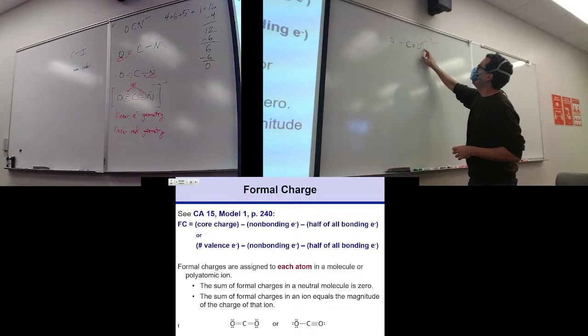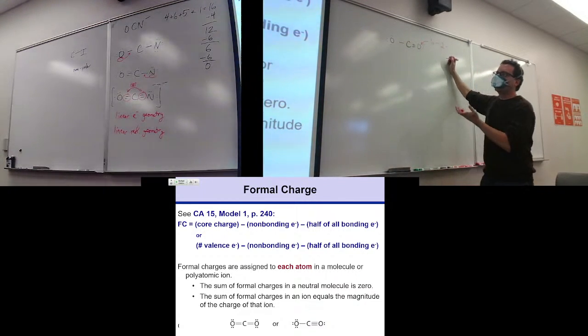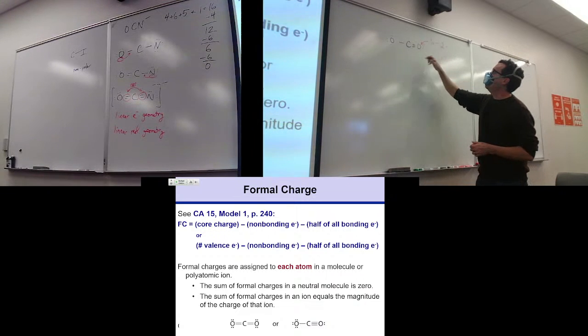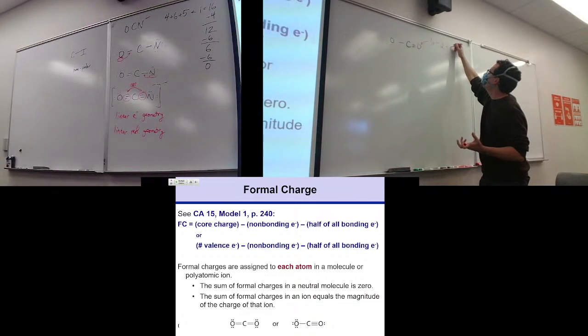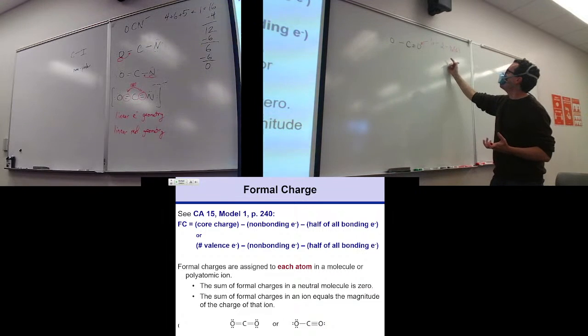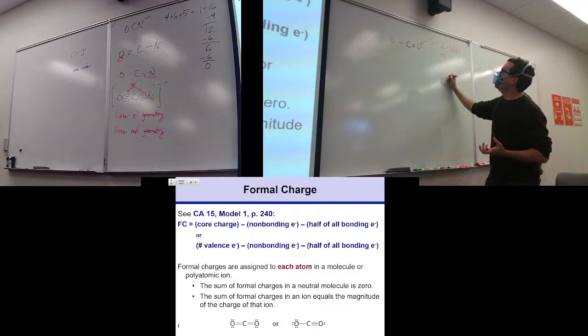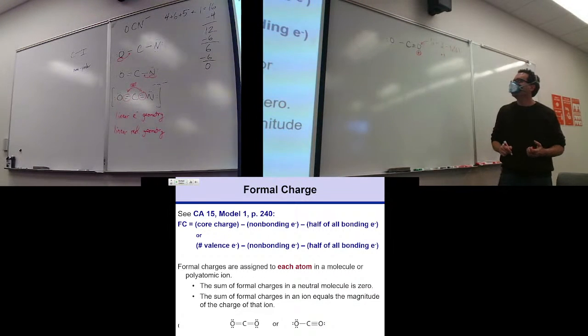It's got 2 lone pair electrons, or 2 non-bonding electrons, however you want to call them. And then it's got 3 bonds, so 6 bonding electrons. So half of that is 3. So 6 minus 2 is 4, minus 3 is a plus 1. So there is a plus formal charge on this oxygen.